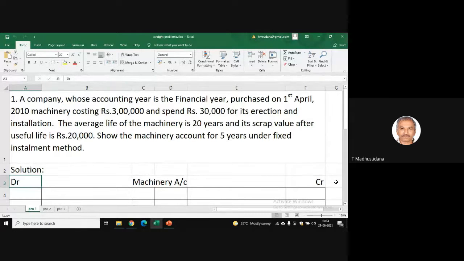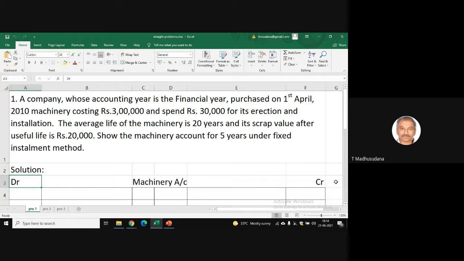Next, purchased on 1st April 2010 machinery costing rupees 3 lakhs and spent rupees 30,000 for its erection and installation. So on April 1st, 2010, this company has purchased a machinery.